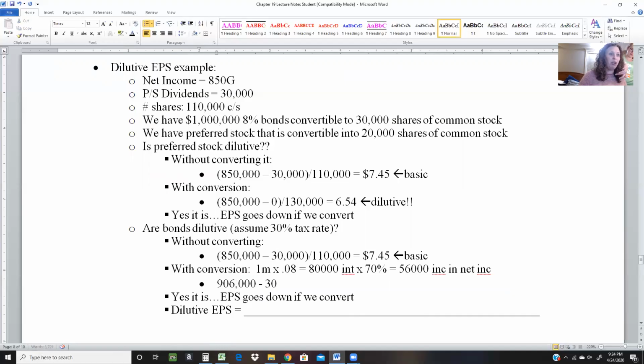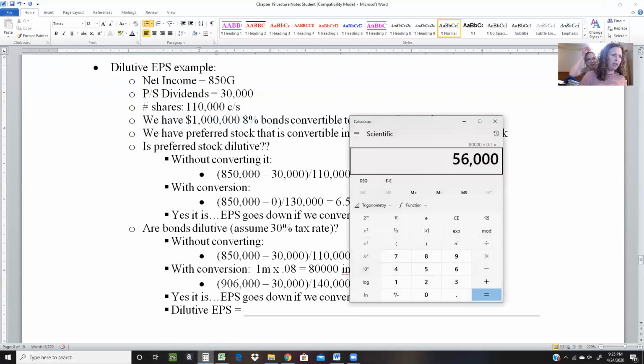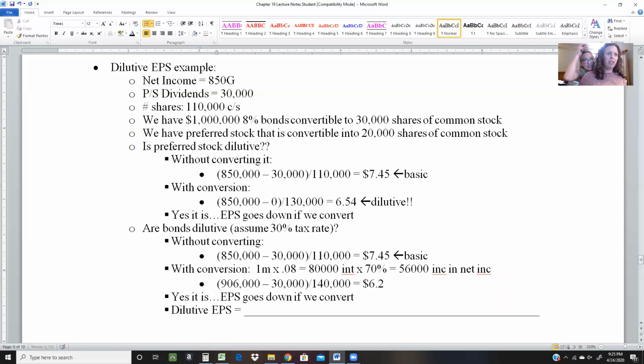We still have our preferred dividends, and in the denominator it's going to go up to 140, because if all of our bondholders convert to stock, we'll have an additional 30,000 shares. So 906 minus 30 divided by 140 is 6.26. Aha. So this one is also dilutive.